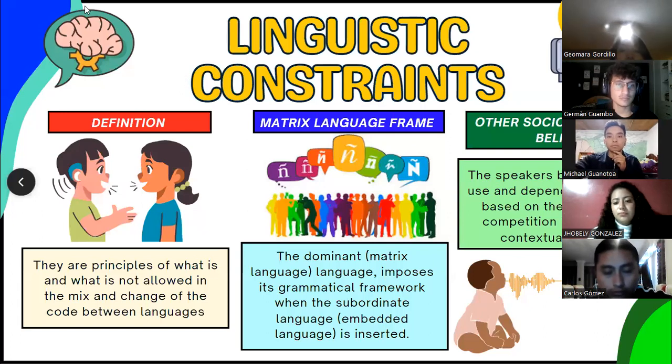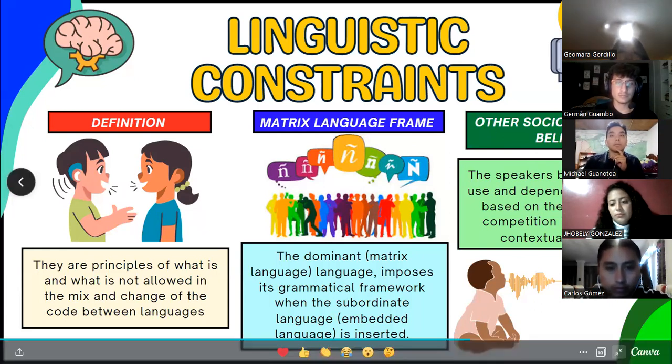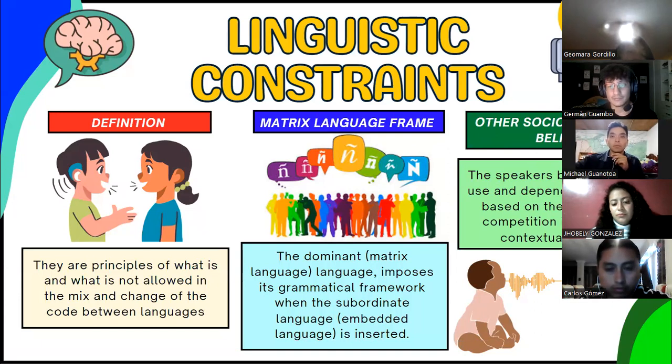Well, I am going to talk about linguistic constraints. When coding in a new language and trying to switch language, linguistic constraints are principles that predict what is allowed and what is not. A linguistic constraint is typically used to represent a property that an object must have in order to function properly in modern linguistics.